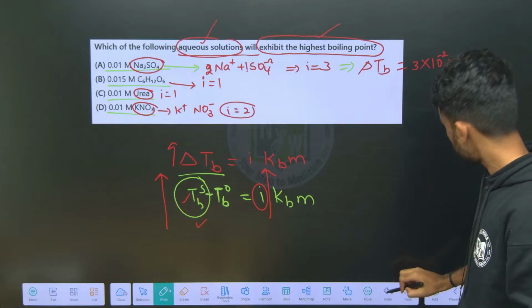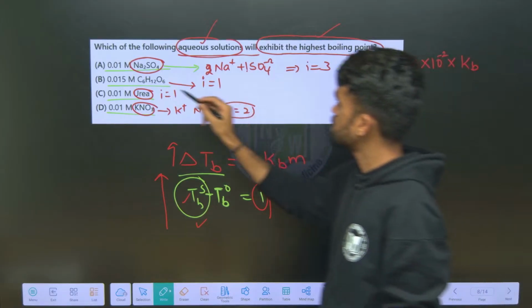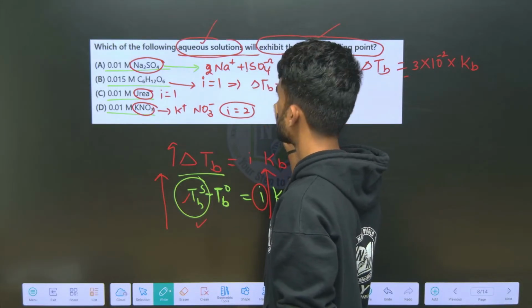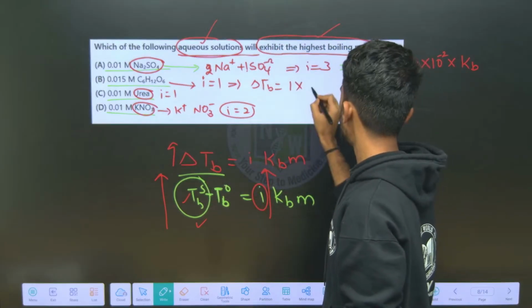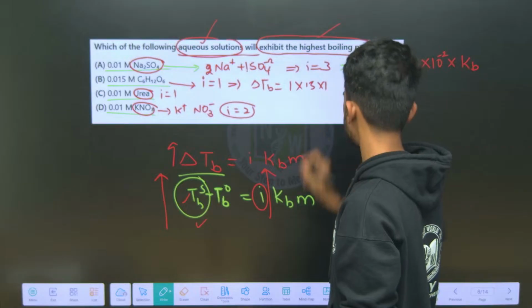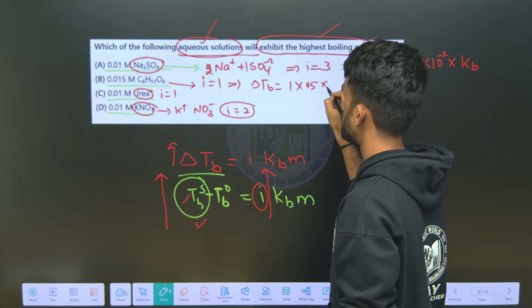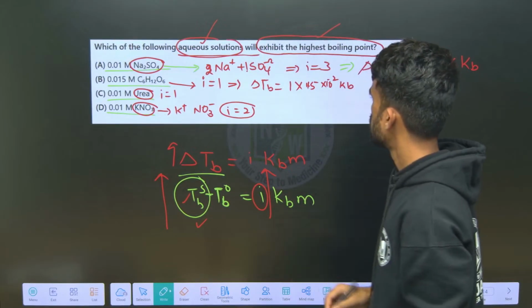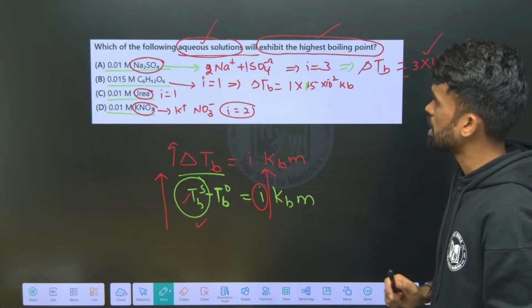So we have here 3 into 10 power minus 2. In the other case, delta Tb equals 1 into, so I can write this as 1.5 into 10 power minus 2 Kb. Out of these two, we know the first value is greater, so that will have the highest boiling point.